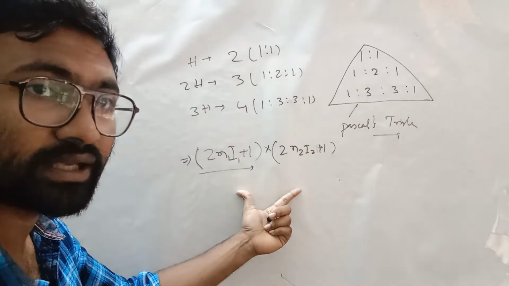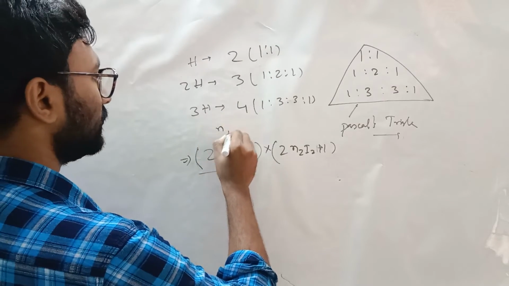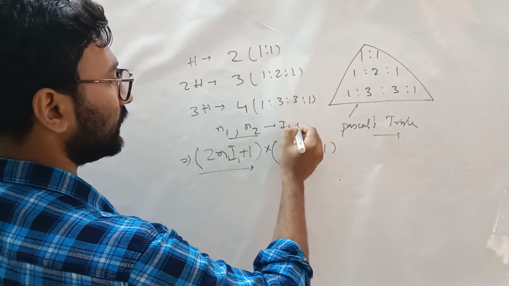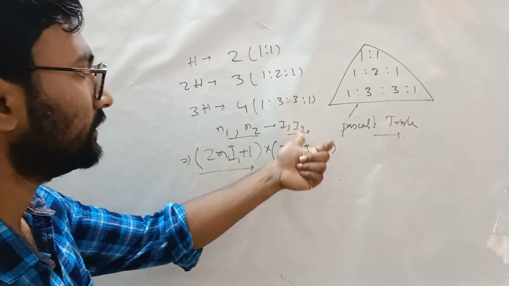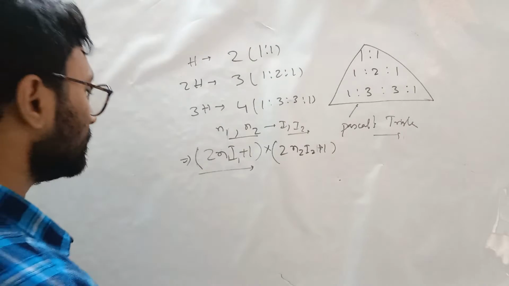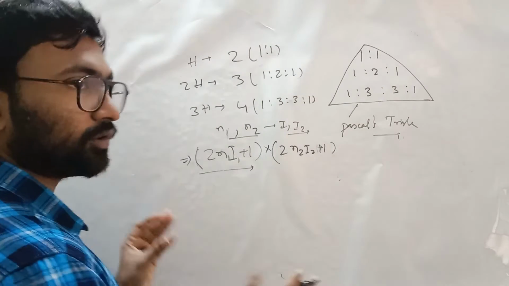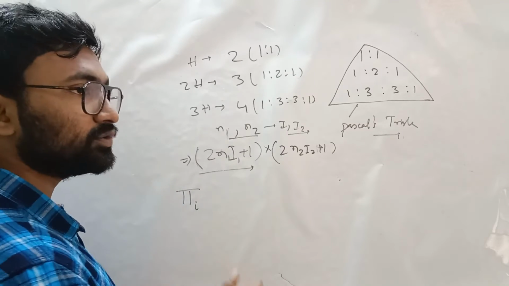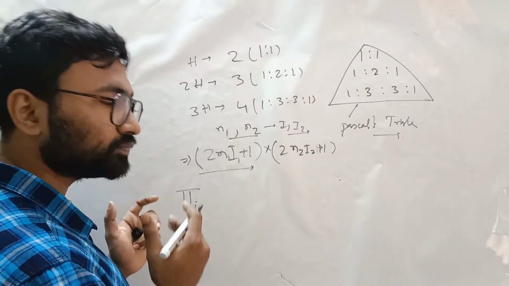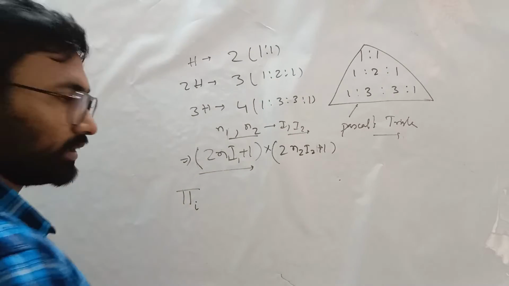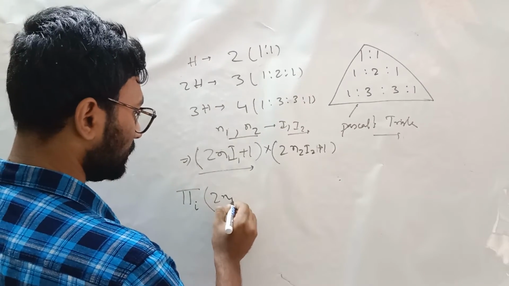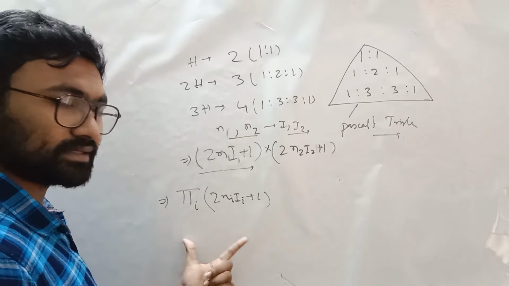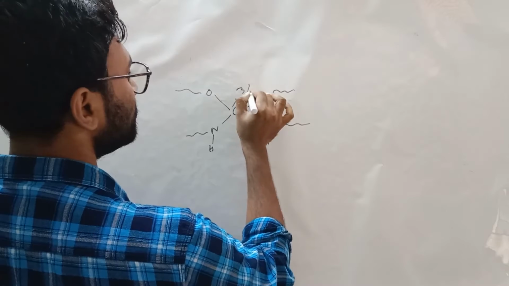This is the total number of signals for the n1 and n2 nuclei having I1 and I2 nuclear magnetic quantum numbers respectively. Now if we have the ith component, the overall equation will be pi, which is used for products, of (2niIi plus 1). So these are the number of lines, the formula.